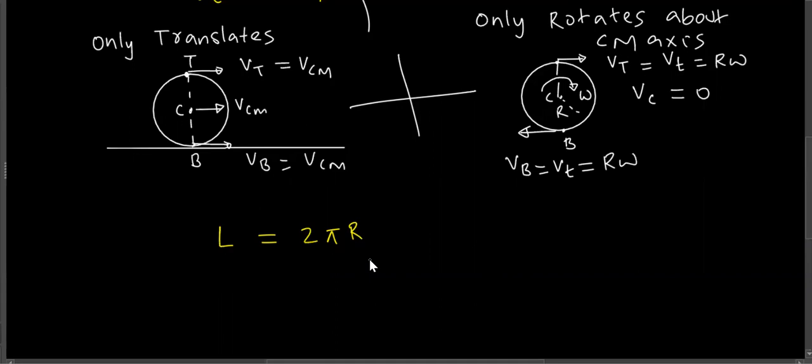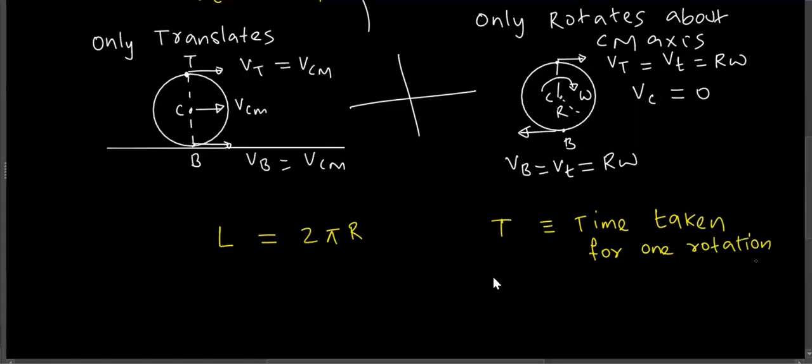Now, when we allowed for one rotation, if t is the time taken for one rotation, then I can divide this by, let's say, length over time, and then this is 2 pi over t times r.